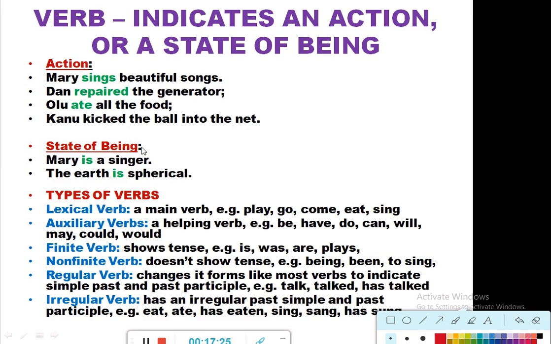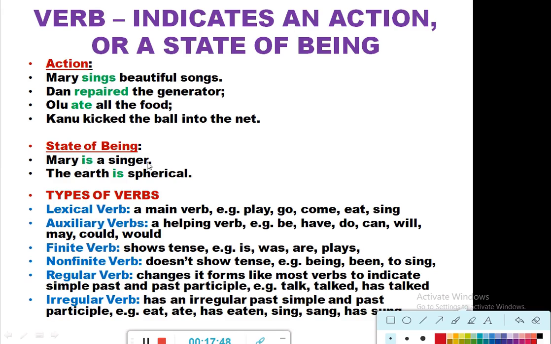Then in reporting state of being or indicating state of being, we have two examples. Mary is a singer. That is telling us, is not talking of Mary's action as we find in Mary sings beautiful songs, but it's telling us what Mary is.